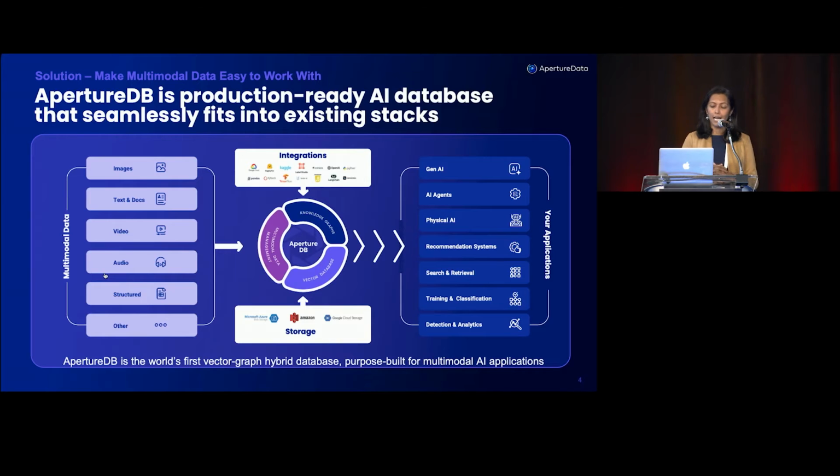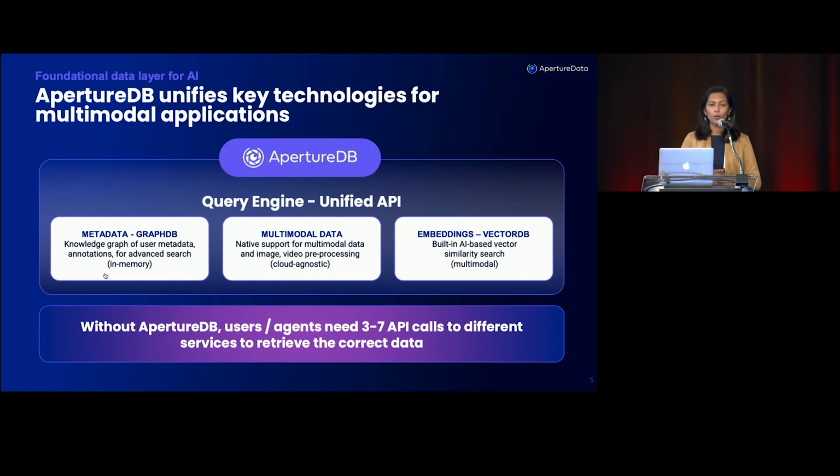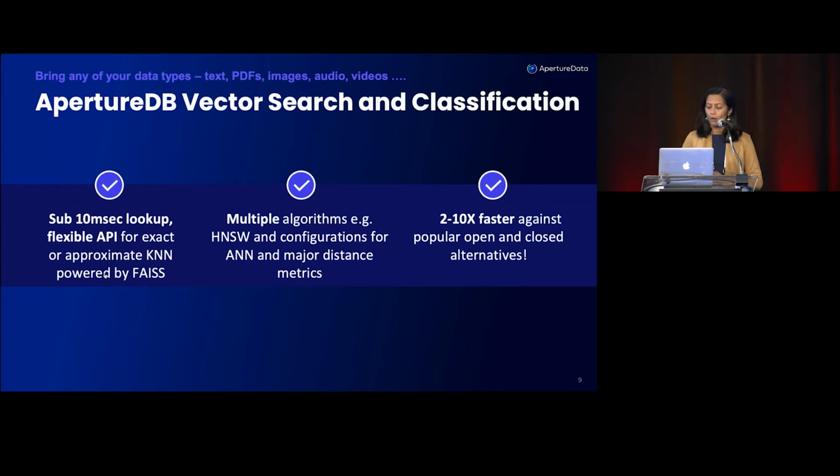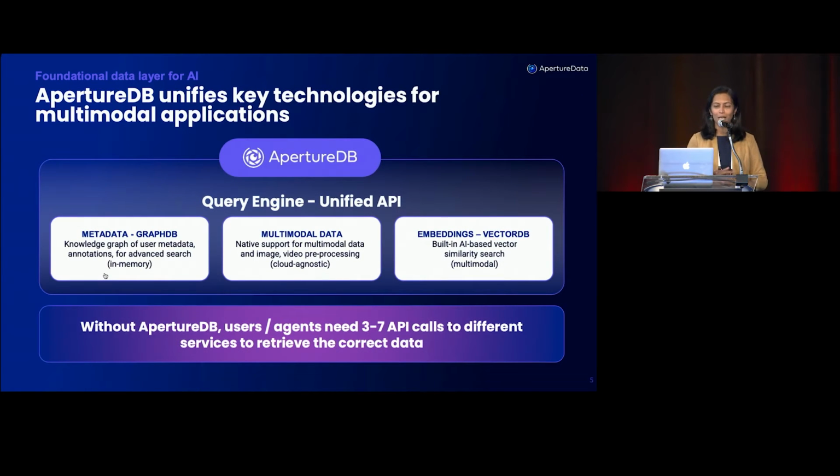The way we enable that is ApertureDB is the first vector graph hybrid database purpose-built for multimodal AI applications. And how do we make that happen? So the first component, the middle component, if you look, you can actually store data. We support even complex data types like images and videos through the ApertureDB query interface.